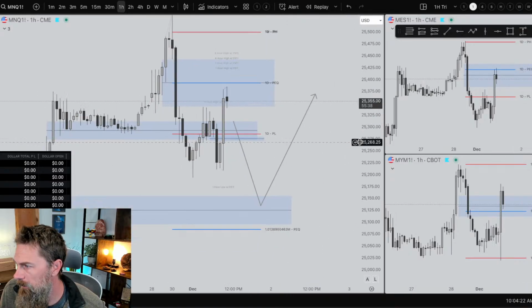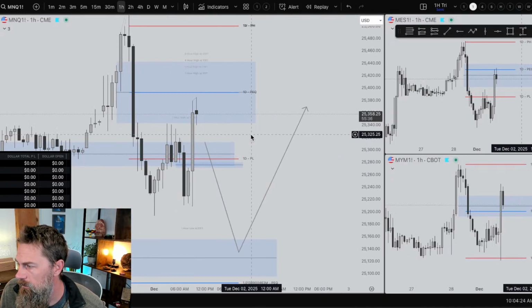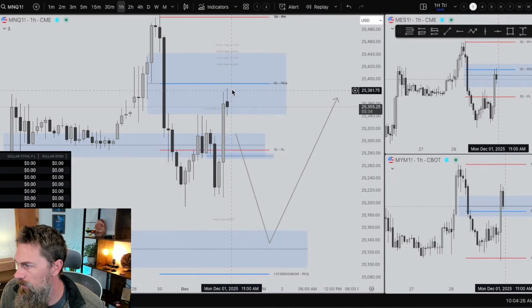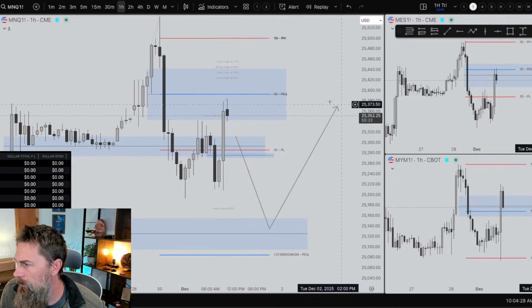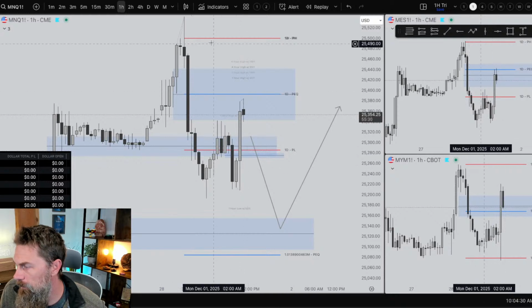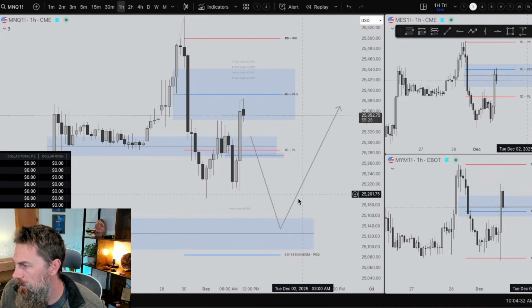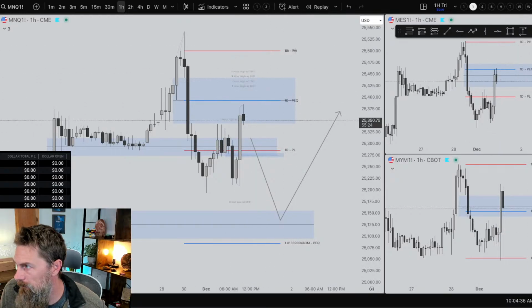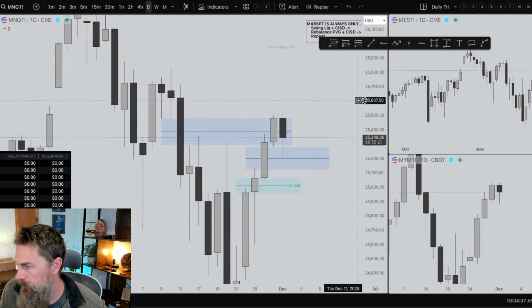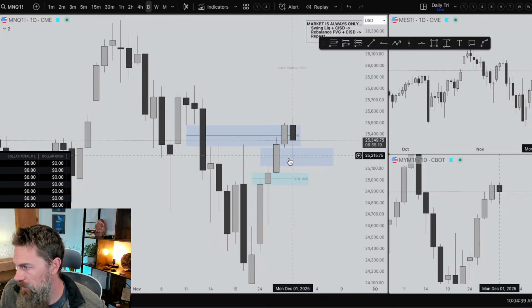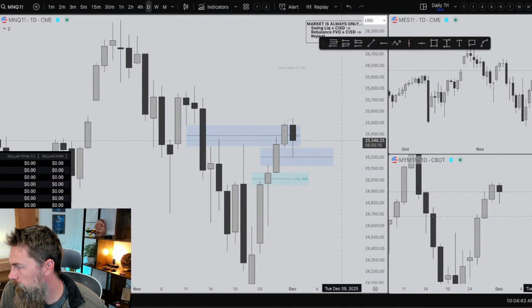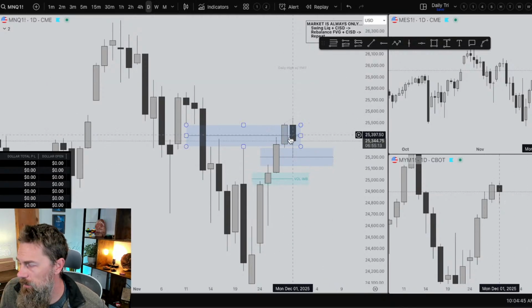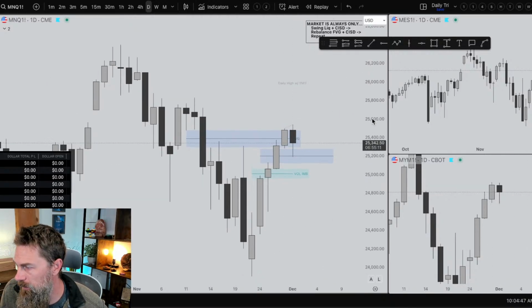Here on the 1 hour, closed above these. And while this could be the start of a retracement for a reversal down, I'm feeling like leaning bullish just because of the price action here. The daily could have tapped down into there. That's all it wanted. And now it's continuing bullish. So I still favor longs at this point.